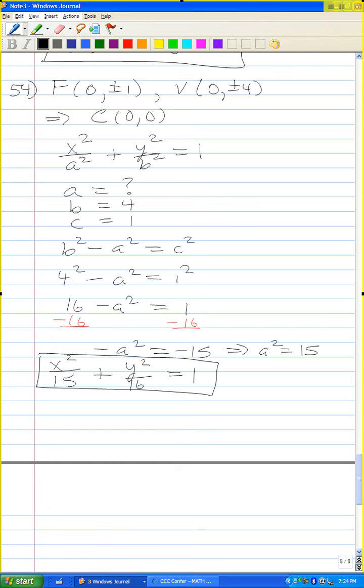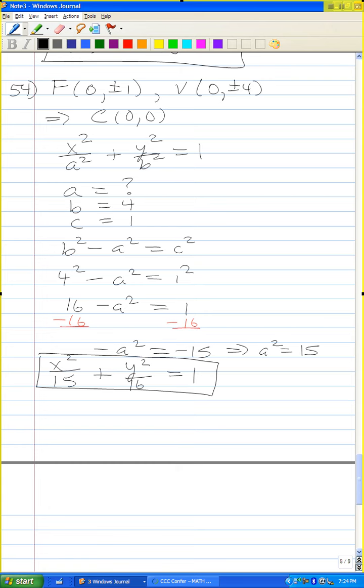Oh, so that reminds me, I forgot about the lengths of the axes. Let's see, which one did they ask for? Lengths of the major axis in problems 1 through 14. So let me go back to 1 through 14. It'll only take a second to figure out the lengths of the major and minor axes.